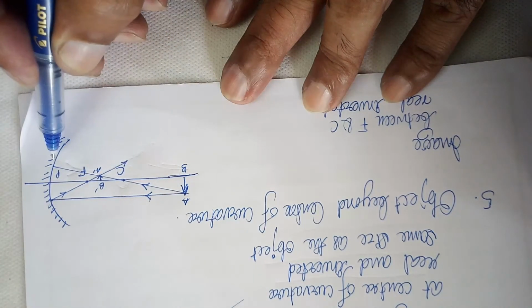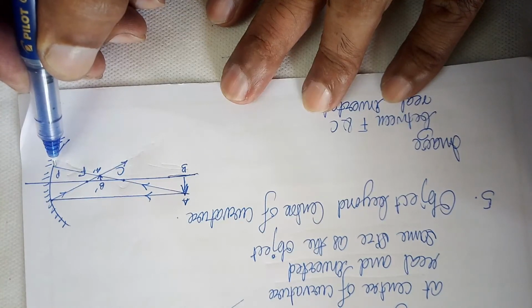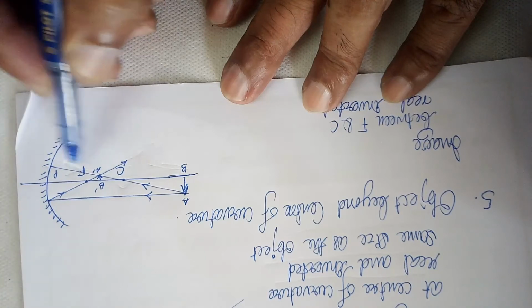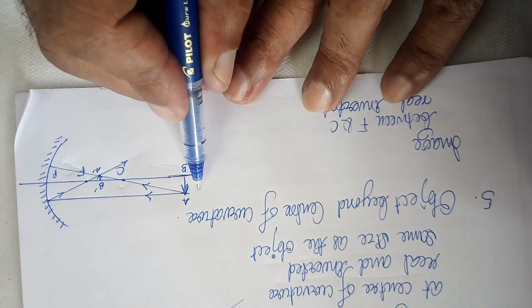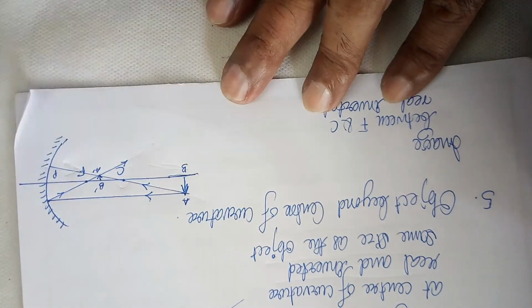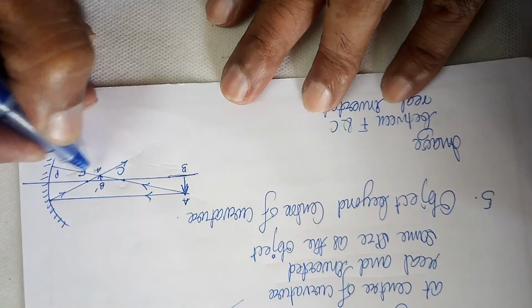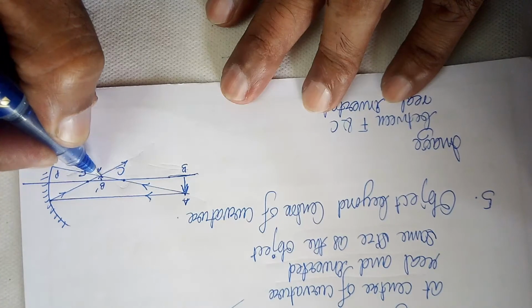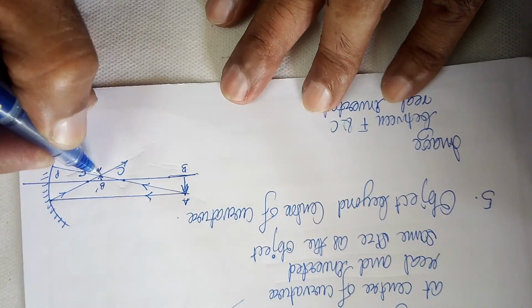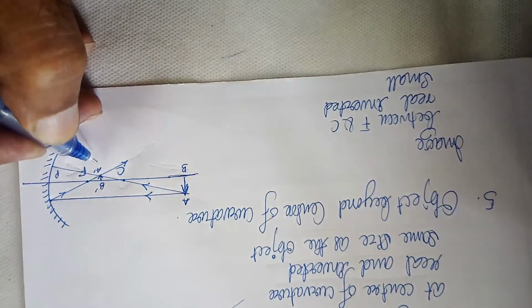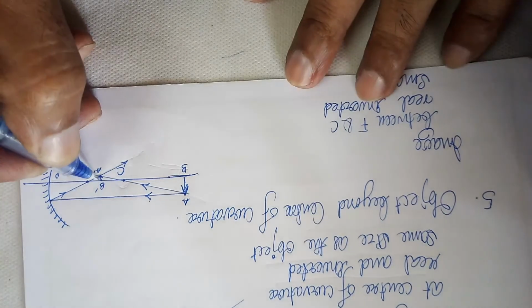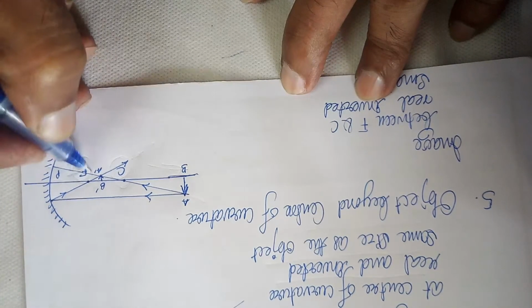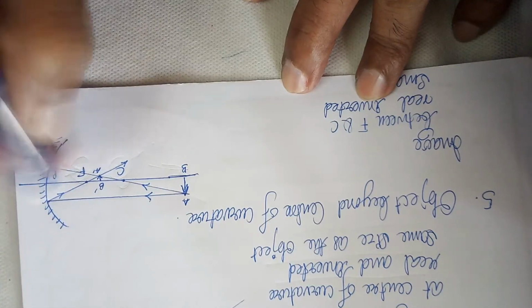And we can see both these rays are intersecting at this point, and we can say the image is formed here, between the center of curvature and the focus of the mirror.